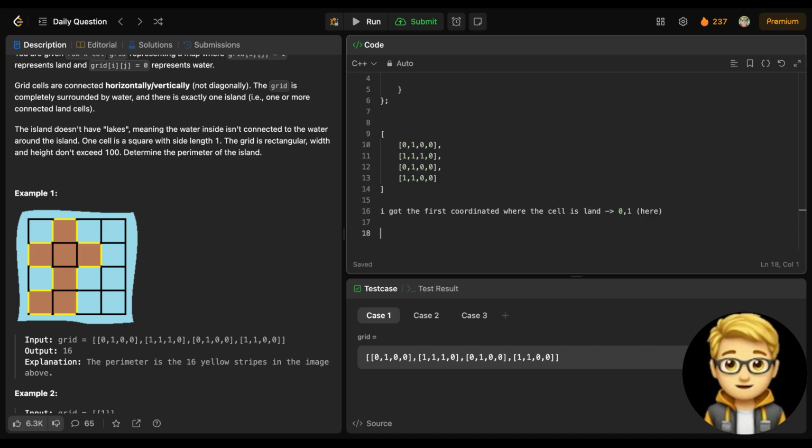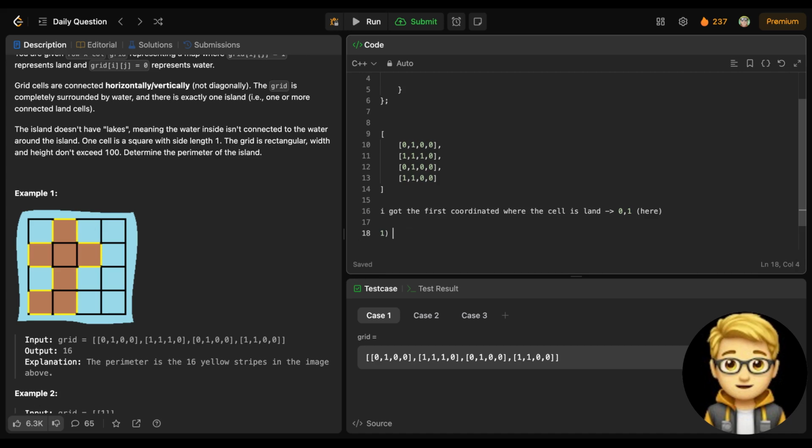But we can't add 4 per cell, because it is possible that the contribution can be 3, can be 2, and can also be 4 in another scenario. But how will we determine how many lengths are counted for each cell?